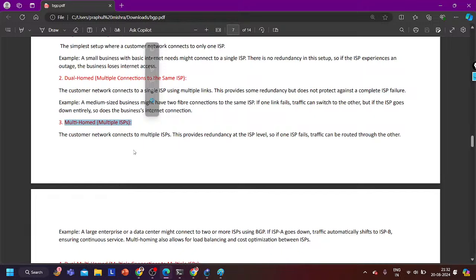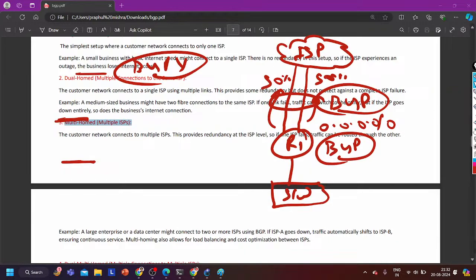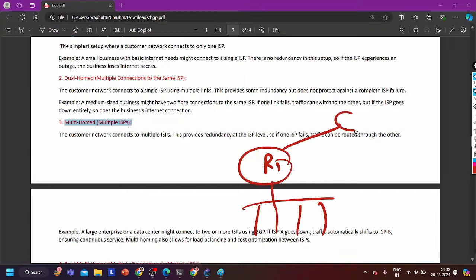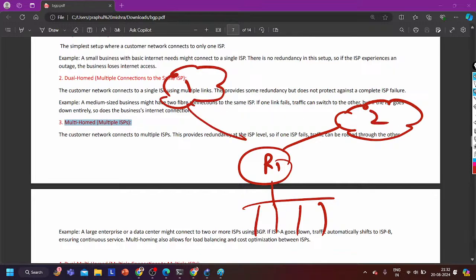If I give you an example of multi-home, the design can be like this. I have one edge router, connected with the LAN. Then I have connectivity from two different ISPs, ISP1 and ISP2. And here we will run BGP protocol.